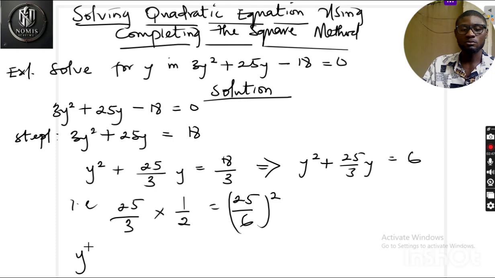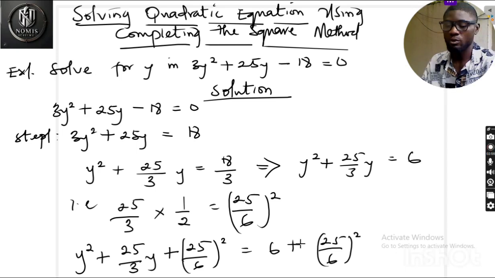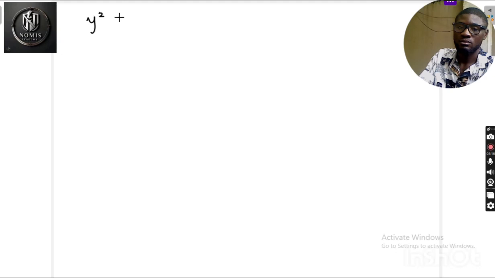So it becomes y squared plus 25 over 3y plus 25 over 6 all squared equal to 6 plus 25 over 6 squared. Now that we have done this, let us open up and see what we can do from it. So the next thing we are going to do now is y squared plus 25 over 6y plus 25 over 6y.